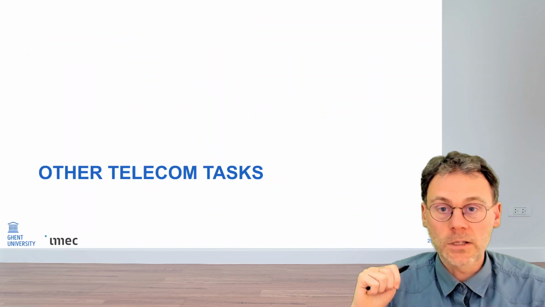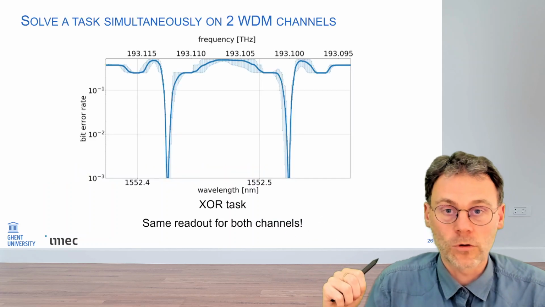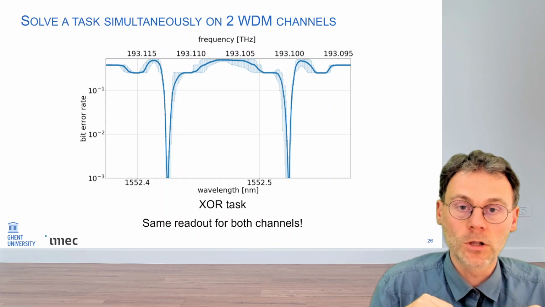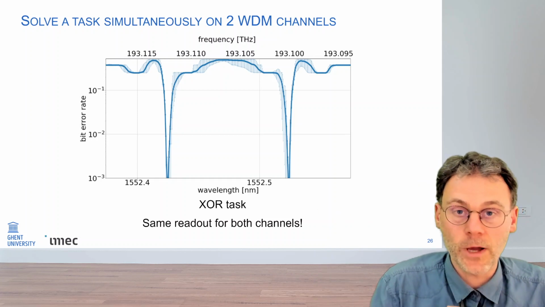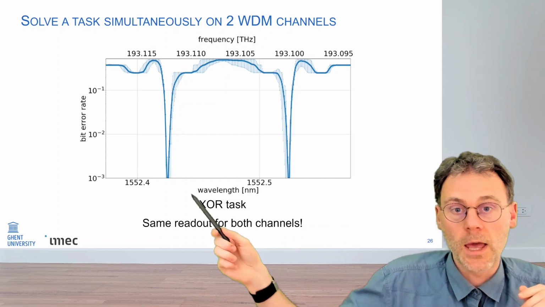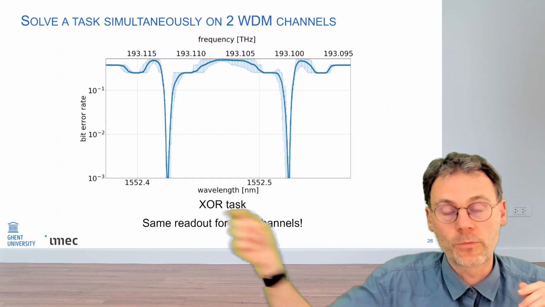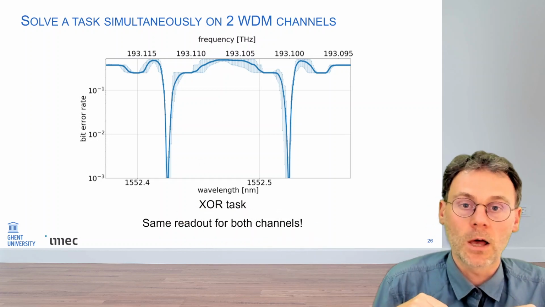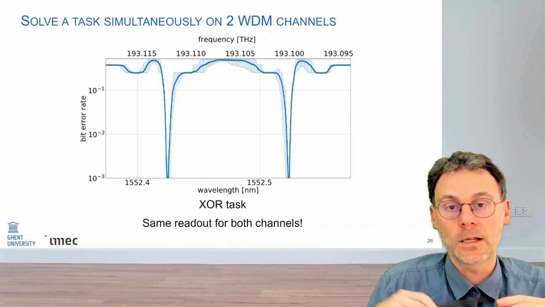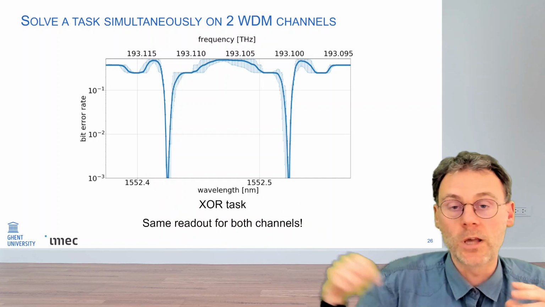We've also been using techniques like these to tackle other telecom tasks. Just to give you a flavor for what else we can do with reservoir computing, this is a simulation of exploiting the wavelength dimension in telecommunication signals. Here we're doing a binary task, like calculating the XOR of the current bit with the previous bit in your data stream. But we optimize the system during training such that it can perform this task simultaneously on a number of WDM channels.